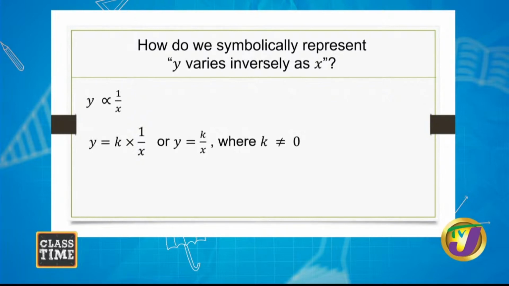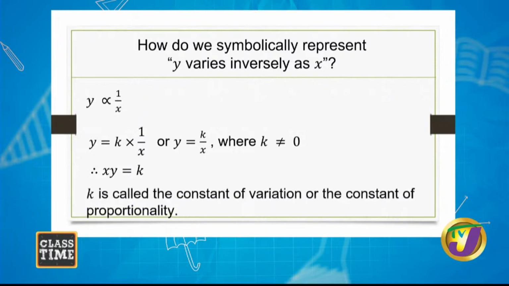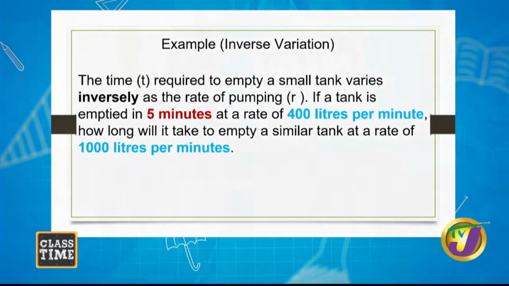If we multiply through by x, we end up with x multiplied by y giving us k, the constant. We saw that because we multiplied speed with time and got that same constant, 60.